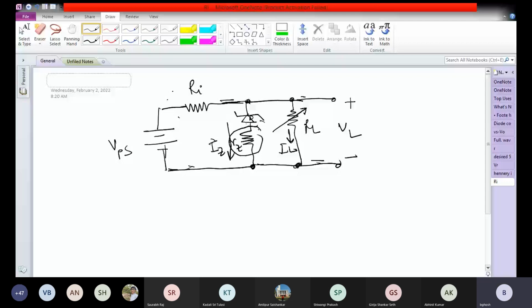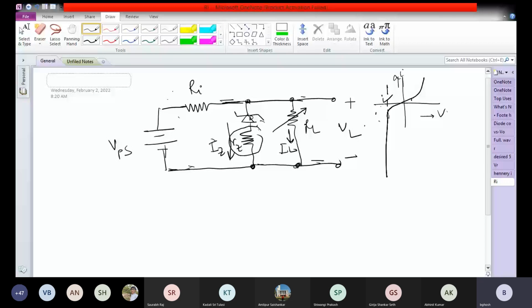We assume that the Zener resistance is 0, means what? We assume that, as we said, this region was absolutely vertical to the x-axis or the voltage axis. We assume this, so that this was 90 degrees.